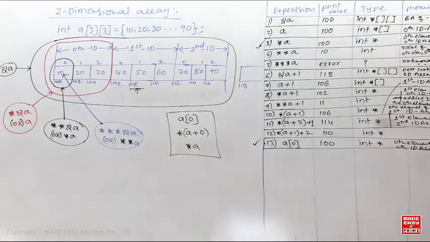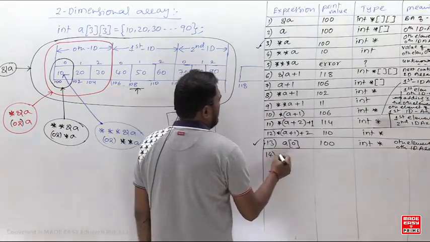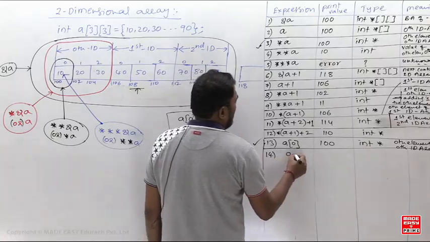Okay, why are you confusing? Right. So now tell me number 4. Number 4 is interesting.